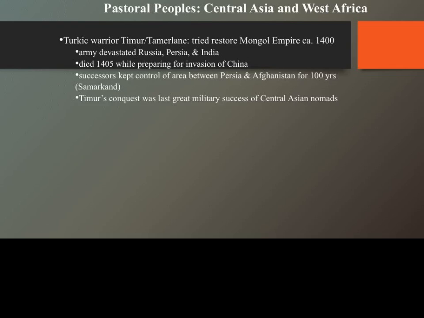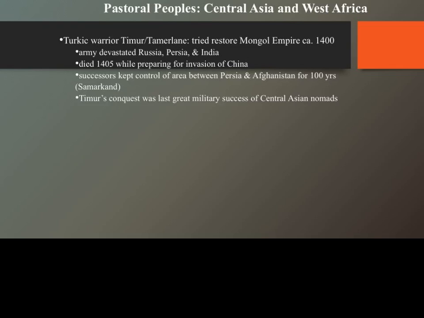Okay. The pastoral peoples, Central Asia, and West Africa. The Turkic warrior Timur or Tamerlane tried to restore the Mongol Empire about 1400. His army devastated Russia and Persia and India.